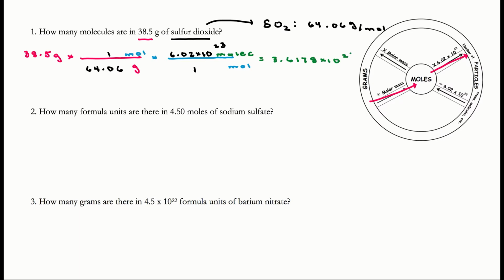Keep in mind, I want 3 sig figs, so my fewest number of sig figs is 3. So this is going to be 3.62 times 10 to the 23rd. And my units are molecules.